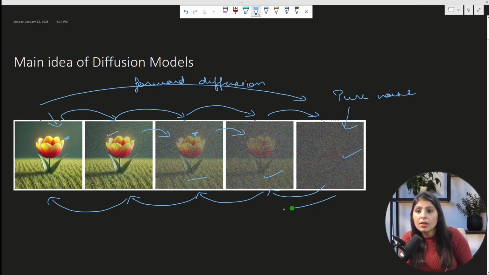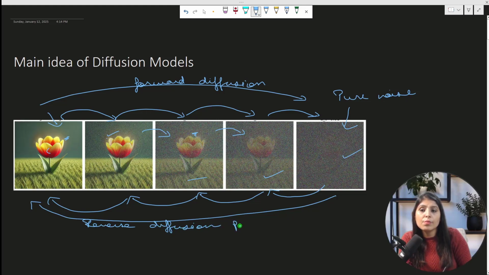So this process, when we try to get the original image from this noise, is called the reverse diffusion process. So these are the two processes which make the diffusion model work: the forward diffusion process and the reverse diffusion process. Now we will understand these two concepts in detail.